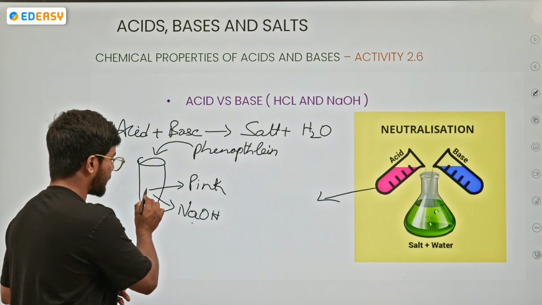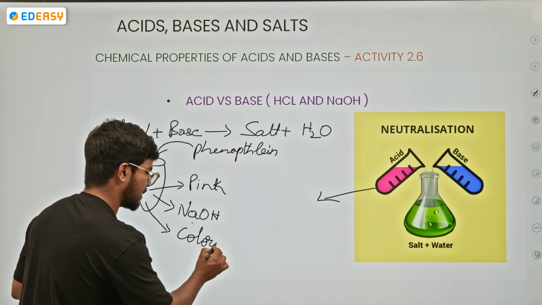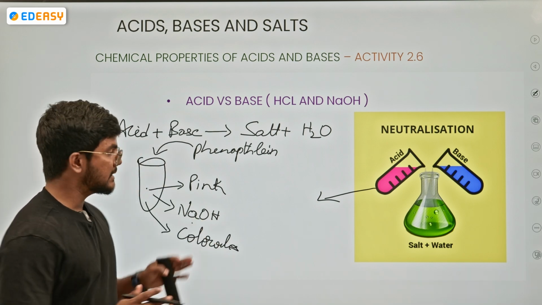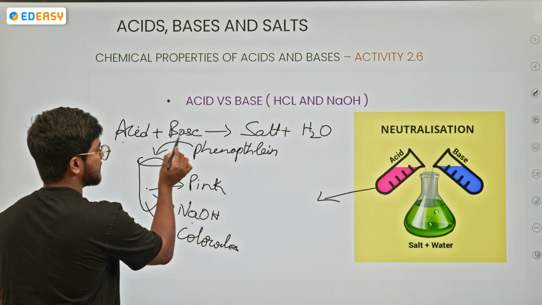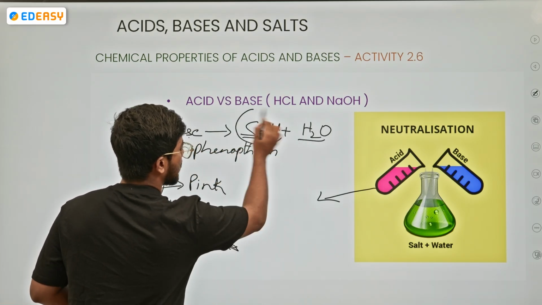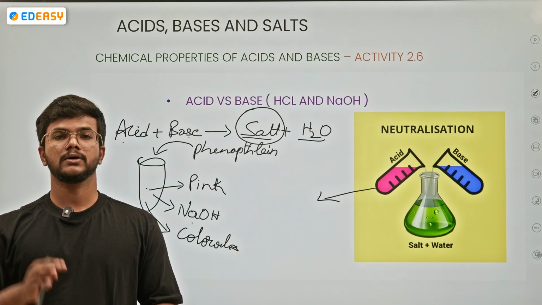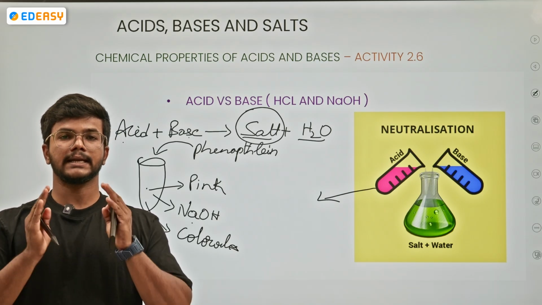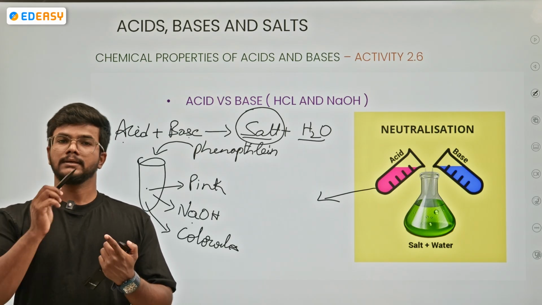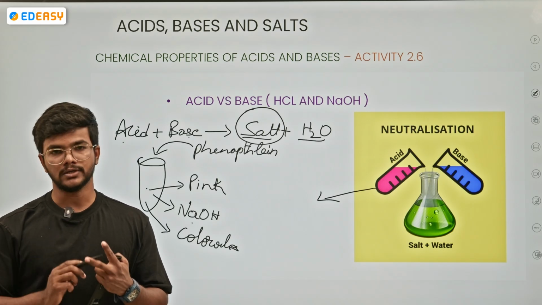At the point where the solution is colorless, the acid and base have reacted, giving salt and water. That salt, when it reacts with the phenolphthalein indicator, will be colorless. So phenolphthalein indicator can identify only base, but it won't react with acid or salt. It will be colorless in the acidic and salt solution.